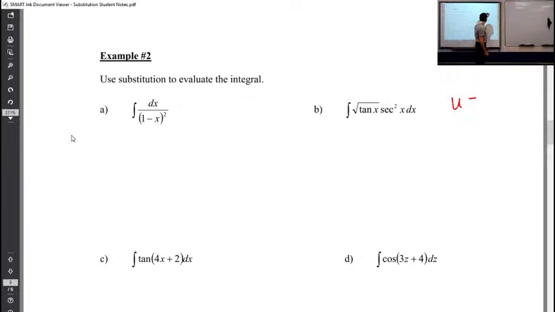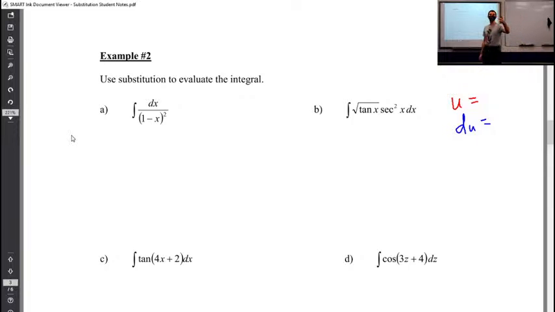So I want to know what u is, and I want to know what du is. And this time it doesn't give it to us. Last time it just told us here's what u is. But most of the time you're going to have to figure that out yourself. And the way that we're going to do that is that you should be looking for two different things when you try and figure out what u is.